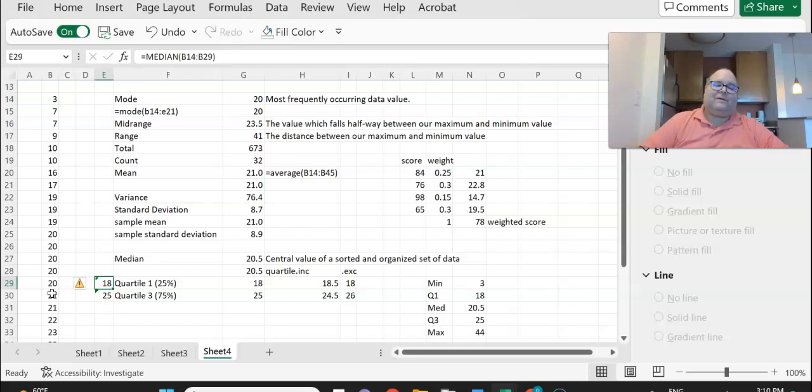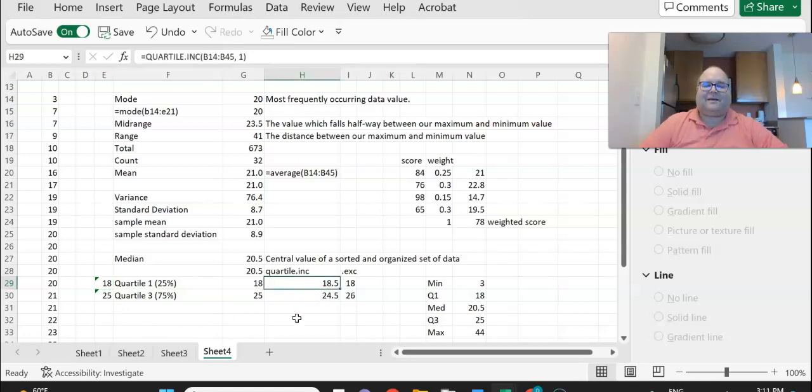The median of B30 through B45 gives us our quartile 3, the value that separates our bottom 75% from our upper 25%.